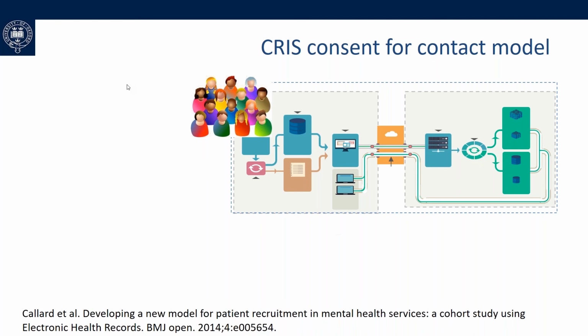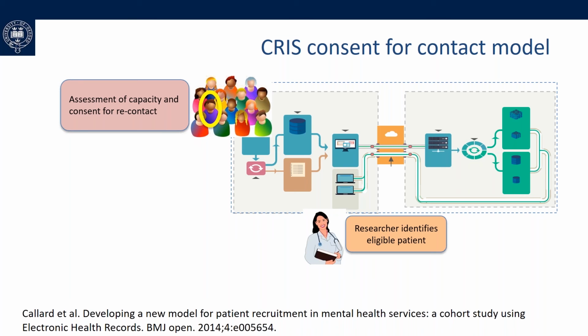Next slide. Using the CRIS system, the electronic health records system I told you about, first of all, everybody that comes through a trust that is using this system, everybody gets consented for us to go back and it's called consent for recontact, to go back and contact them again. Next slide, for research. So what happens, a researcher in silico using the record identifies somebody that might be suitable using pseudonymized data for their clinical trial.